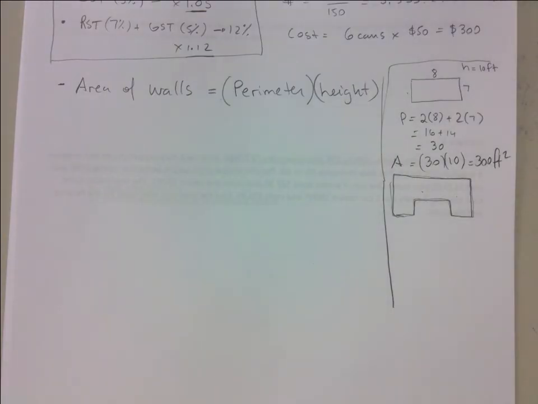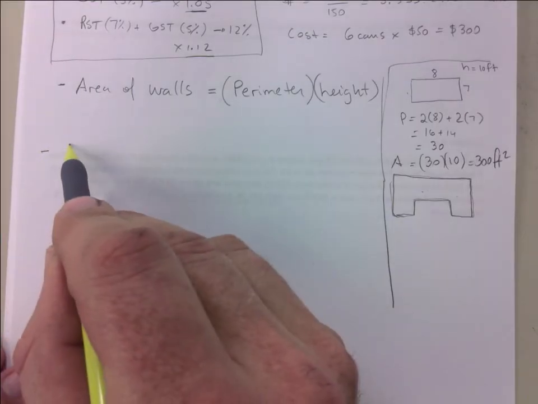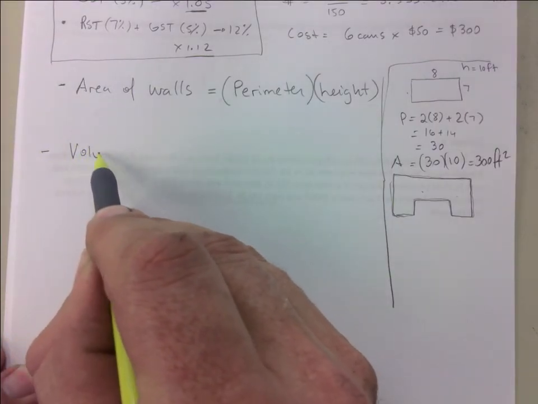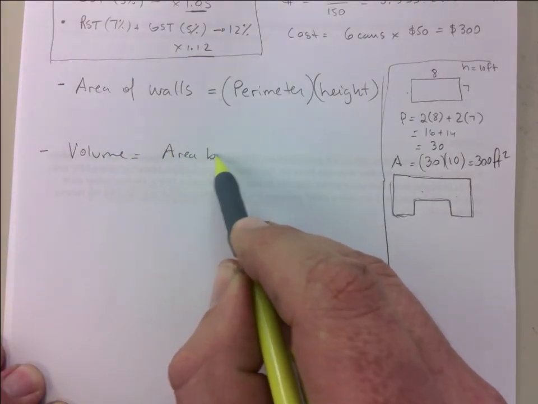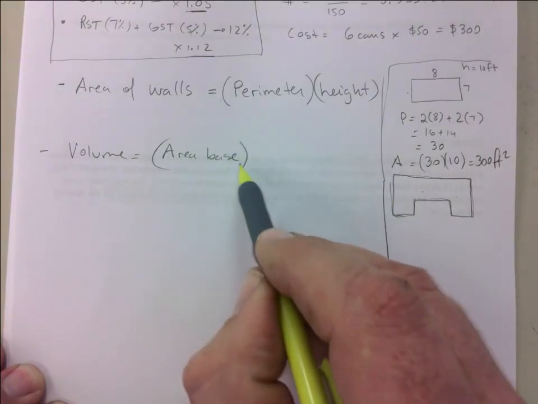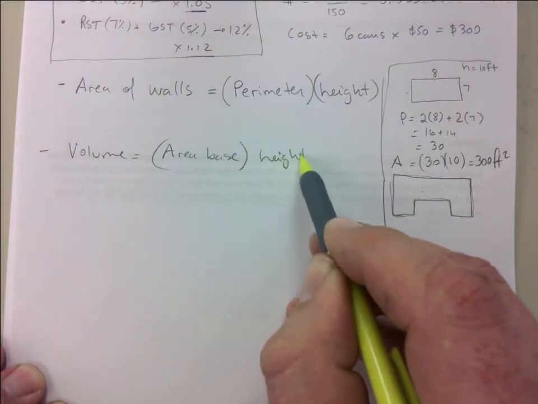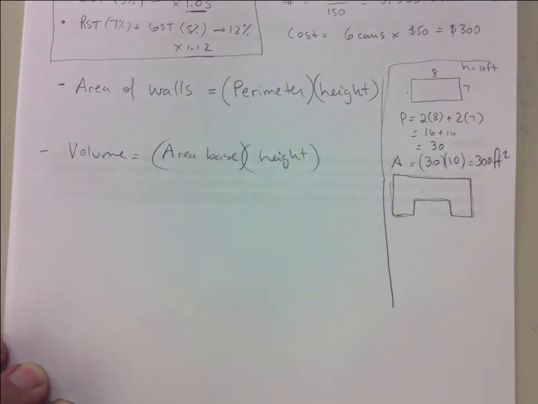Okay. So remember that when you come across this, I'm just going to leave it at that. Okay. Remember that the volume, by definition, is area of base times the height. That's another good one to have.